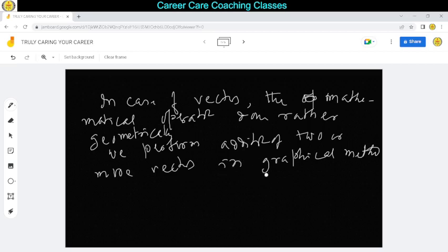The second process is the analytical method. You can do it by the graphical method or the analytical method.